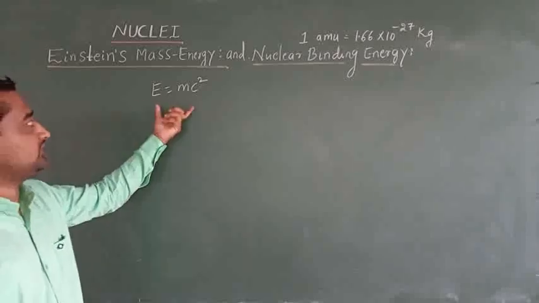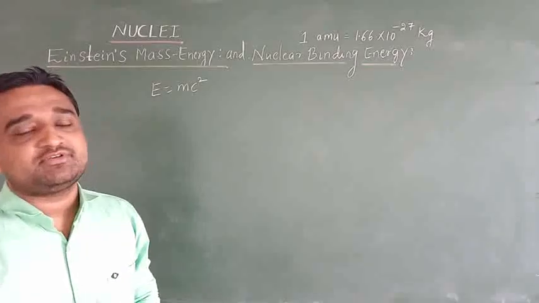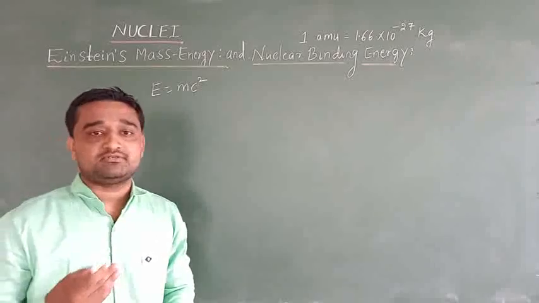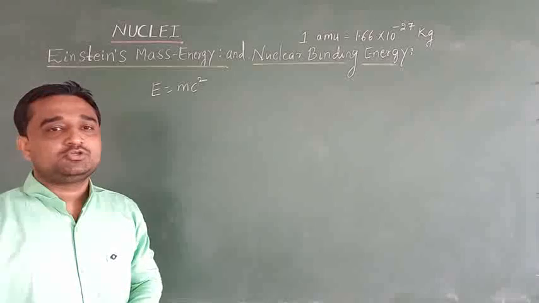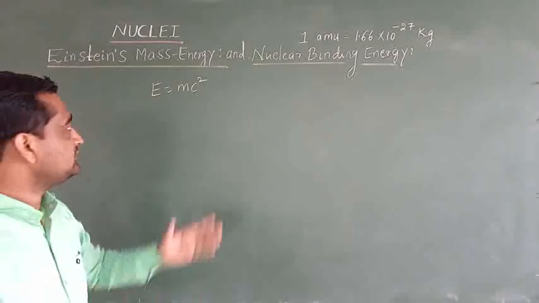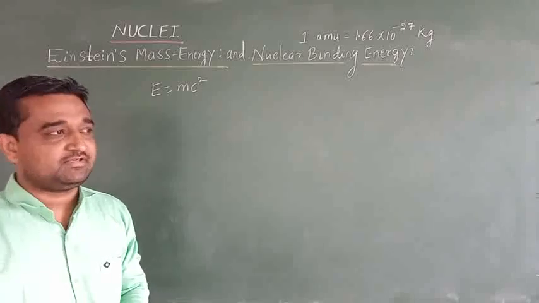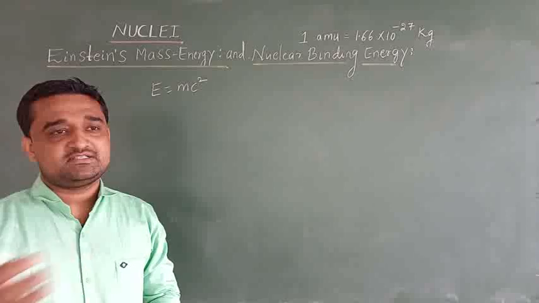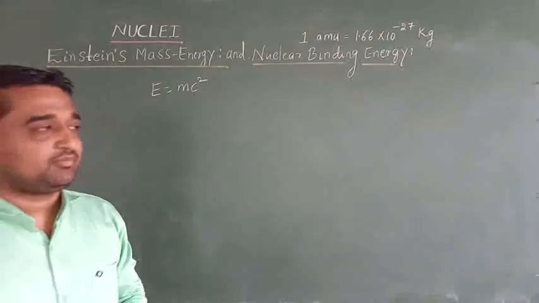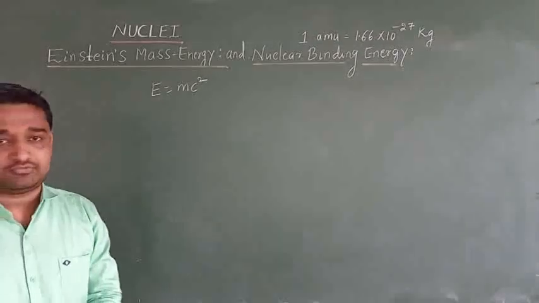E is equal to mc square. We have the law of conservation of mass and the law of conservation of energy, two separate conservation laws. According to the law of conservation of energy, energy can neither be created nor destroyed, but it can be converted from one form to another.